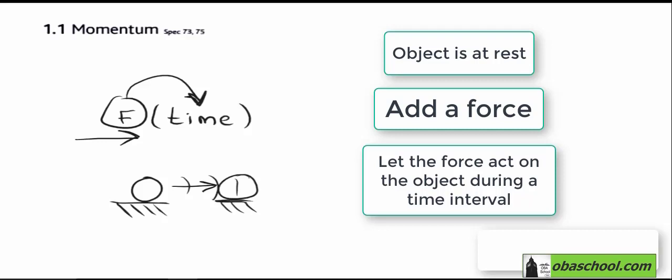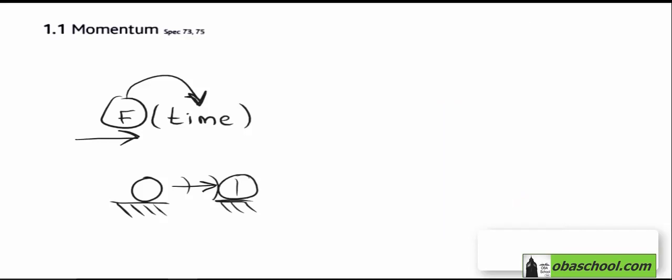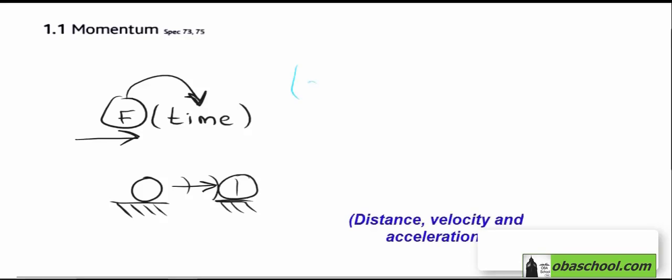During previous studies, when we studied the motion of an object, we used to take into consideration several factors, such as distance, or we can also say displacement, which is the movement of an object from one place to another.